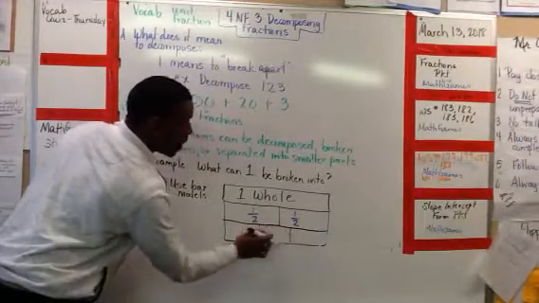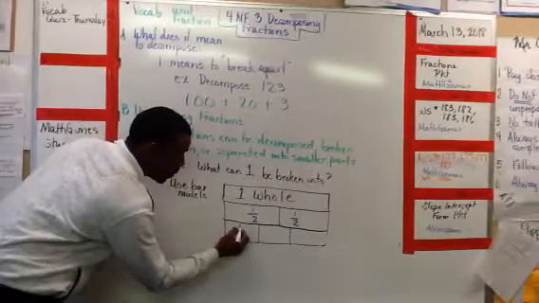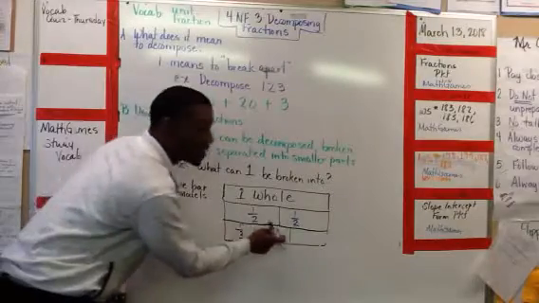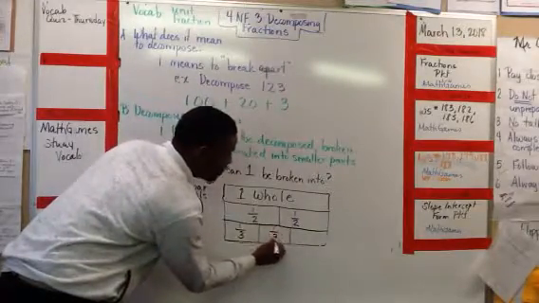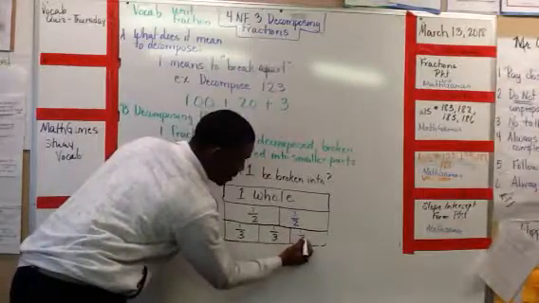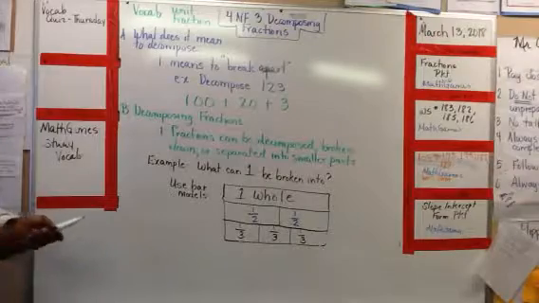You kind of want the parts to be what? Equal. What goes here? 1 over. How did I know 1/3 goes here? How many parts? Yeah, and each part represents a what? A fraction of 1/3. Each one is worth 1/3. So what am I going to break it into next? The 4.